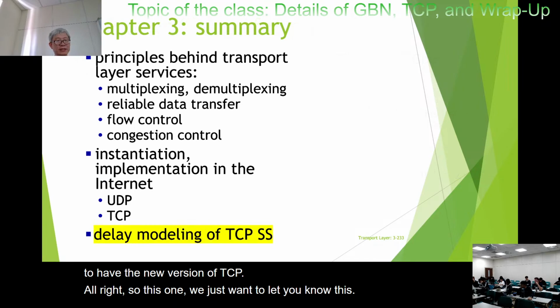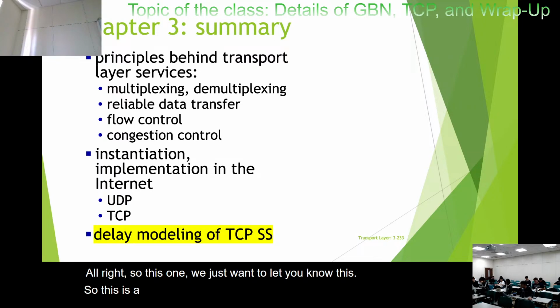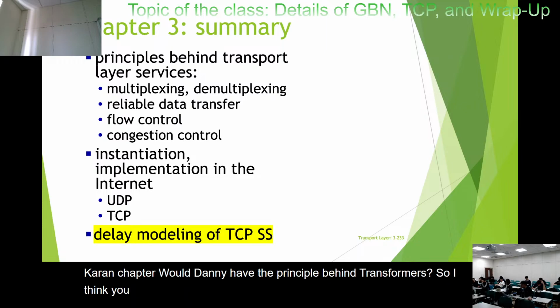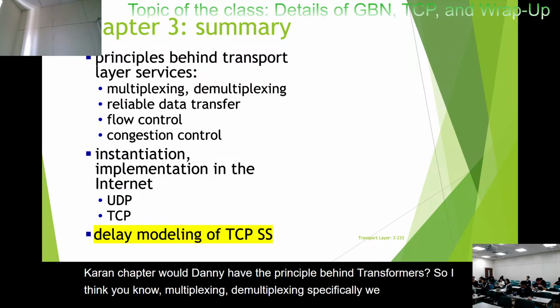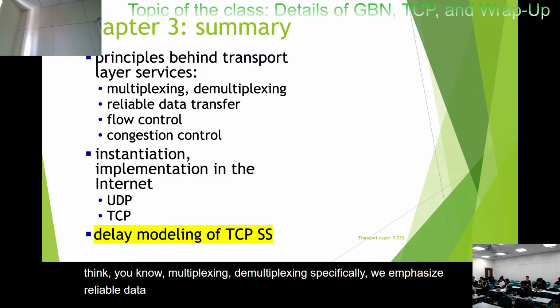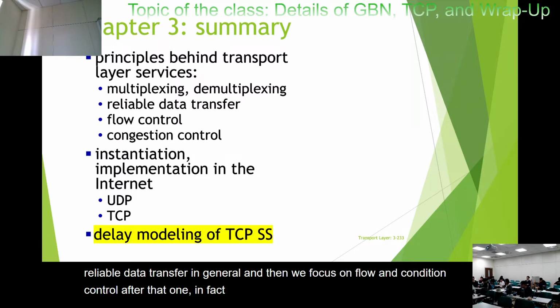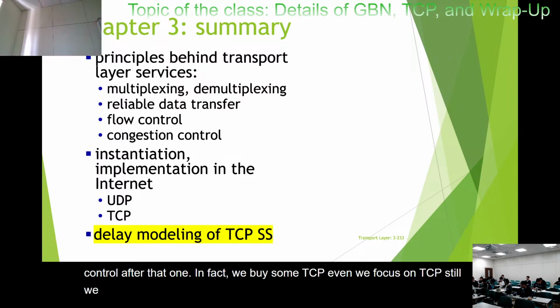So this is a summary of the current chapter. We covered the principles behind the transport layer, including multiplexing and demultiplexing. Specifically, we emphasized reliable data transfer in general, and then we focused on flow and congestion control. After that, we covered TCP. Even though we focused on TCP, we still mentioned some about UDP.